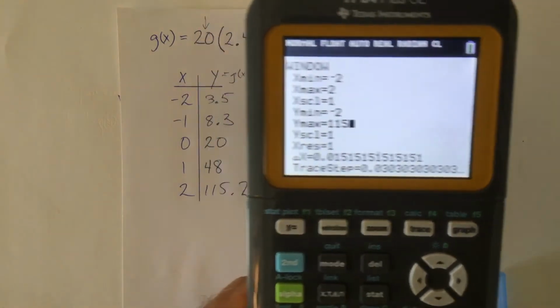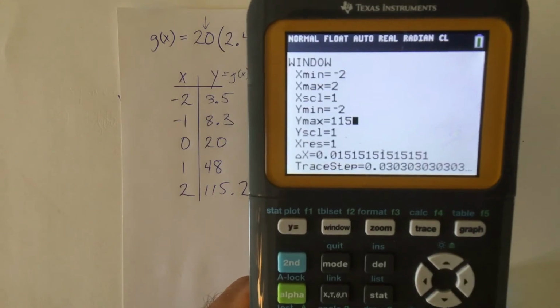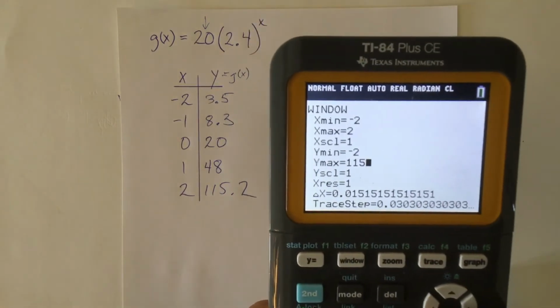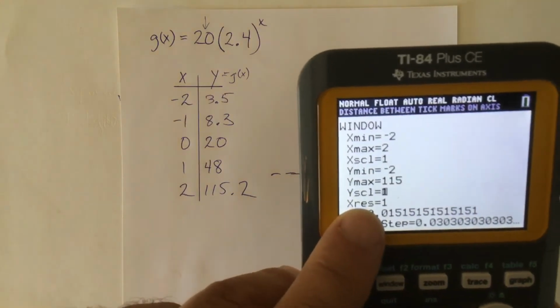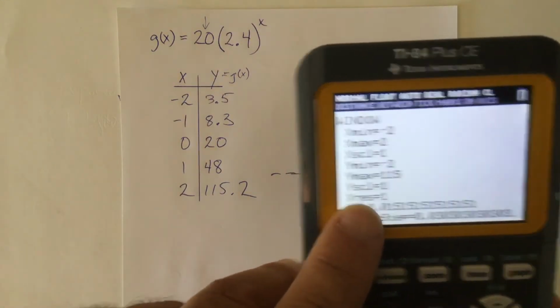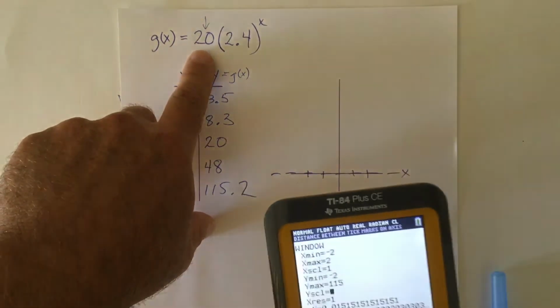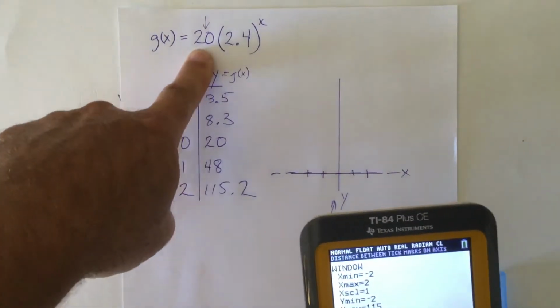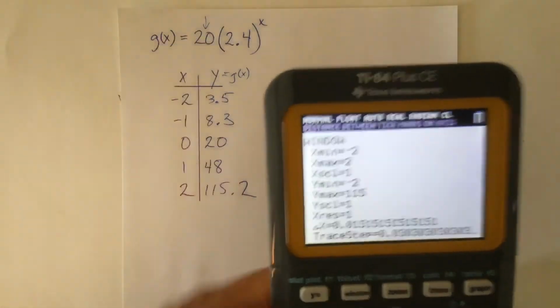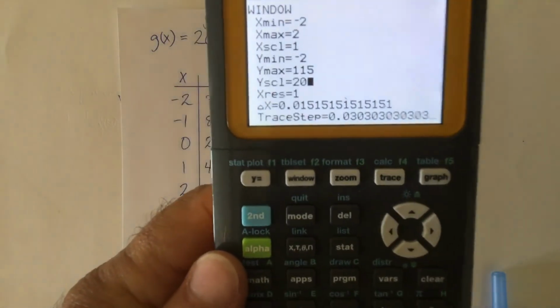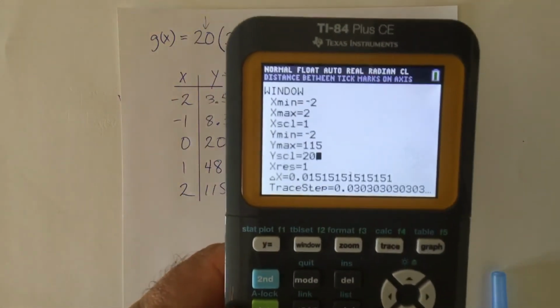Well, that'll give me the top answer. But here's where I'm going to change things. Y scale. See, this thing is called a scalar in mathematics for a reason. I'm going to make every dash on the y-axis worth 20.